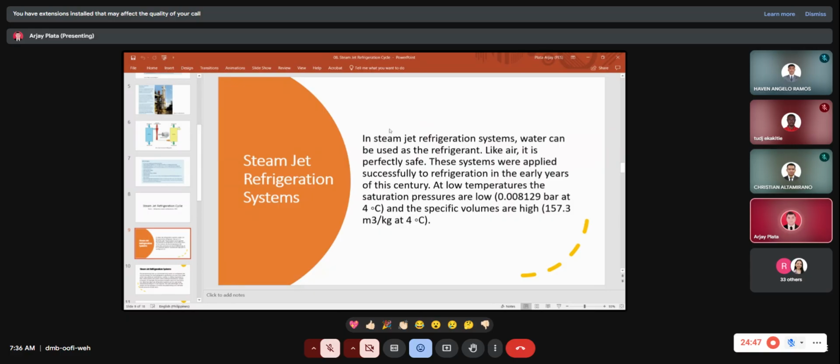At low temperatures, the saturation pressures are low and specific volumes are high. Do you have any idea how water can be used as a refrigerant?